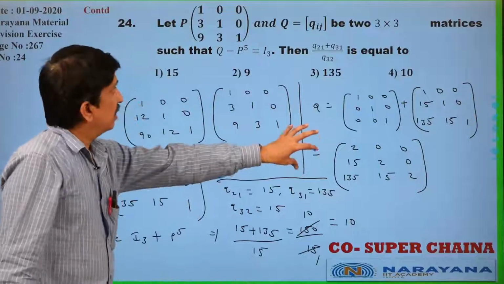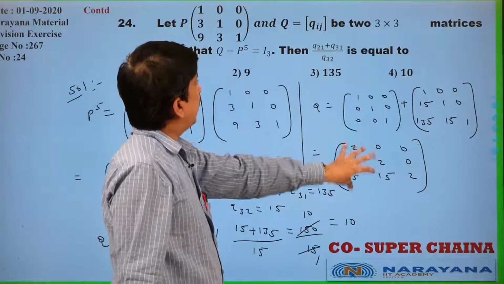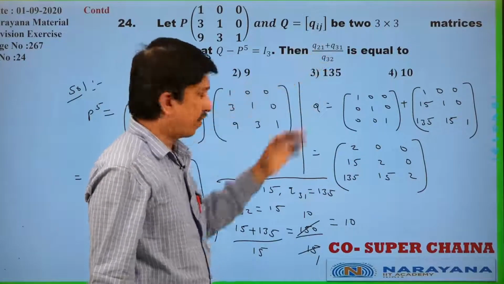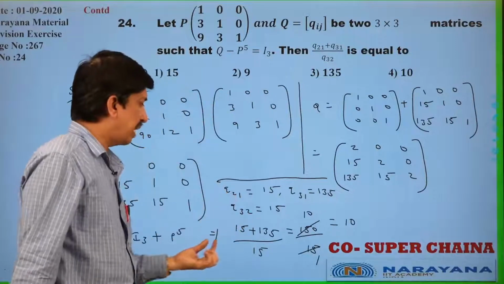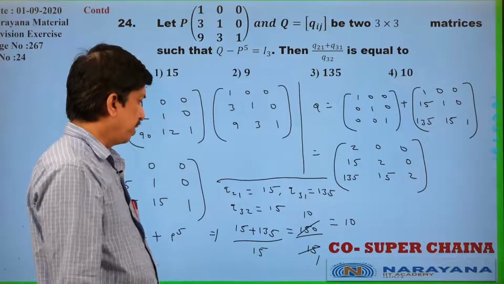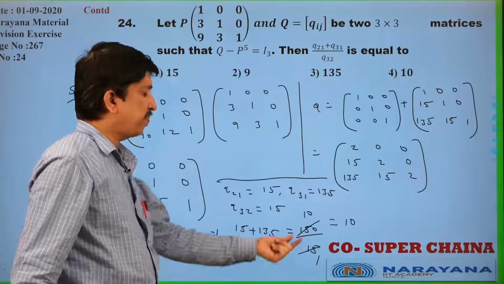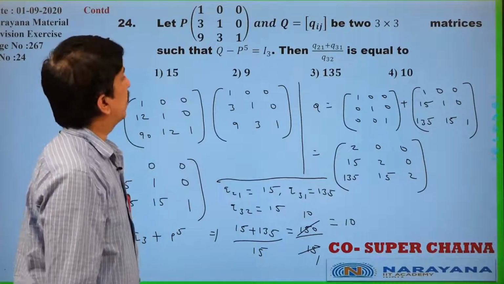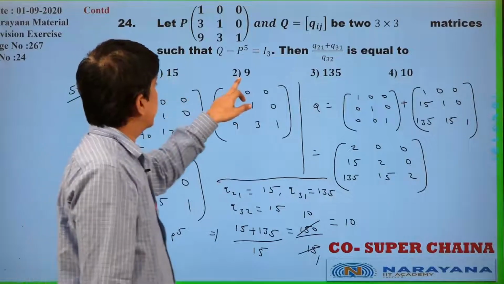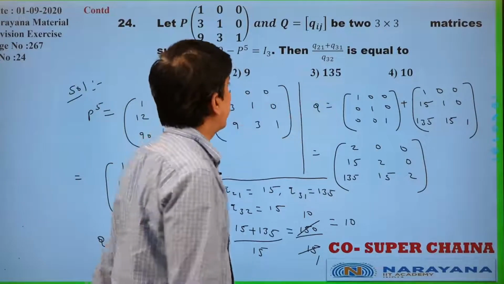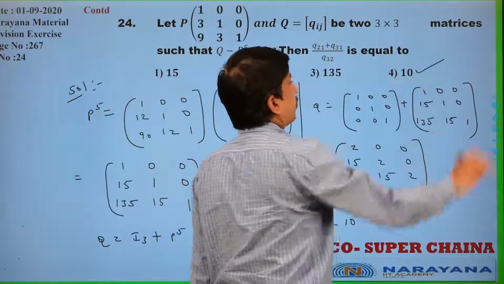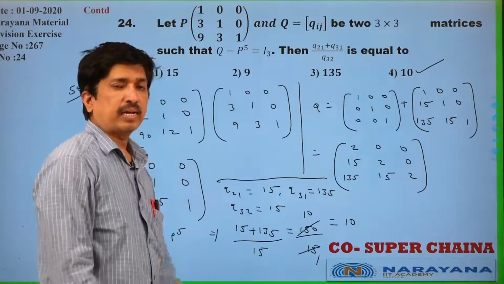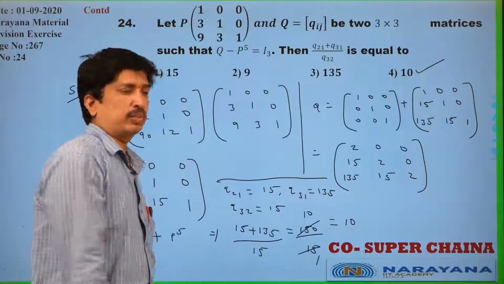In this one, this is capital Q. Capital Q is nothing but Qij. From that one Q21, Q31, Q32 we picked up. We got 150 by 15, that is, the answer is 10 only. 10 is the final answer. First option 15, second option 9, third option 135, fourth option is 10, that is the right answer. Let us move to the next question.